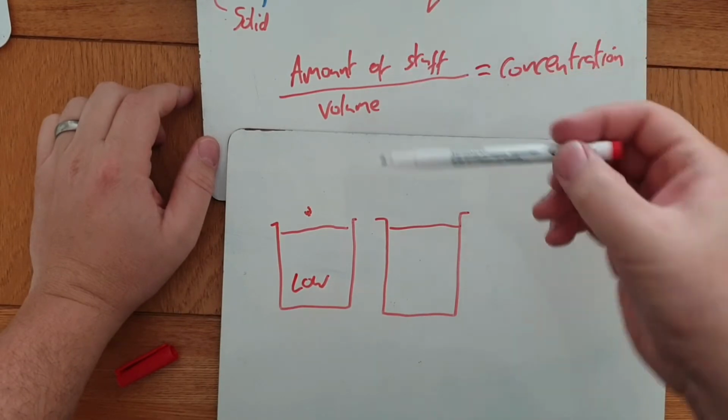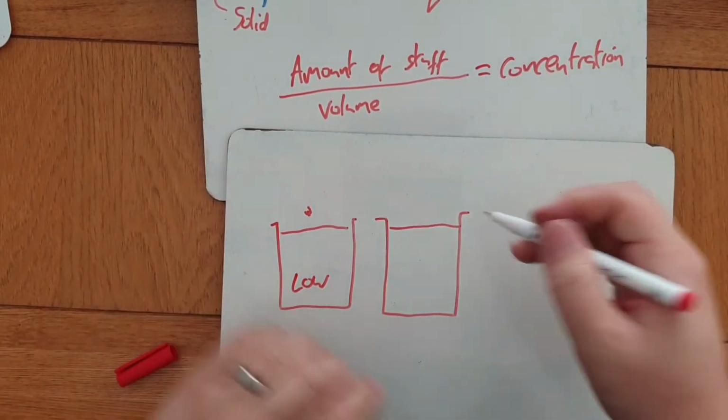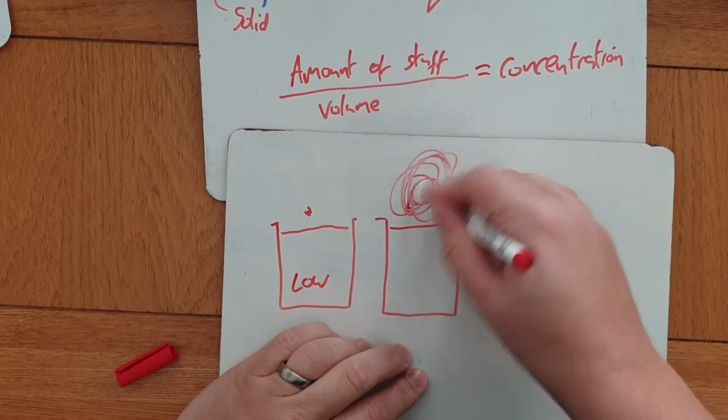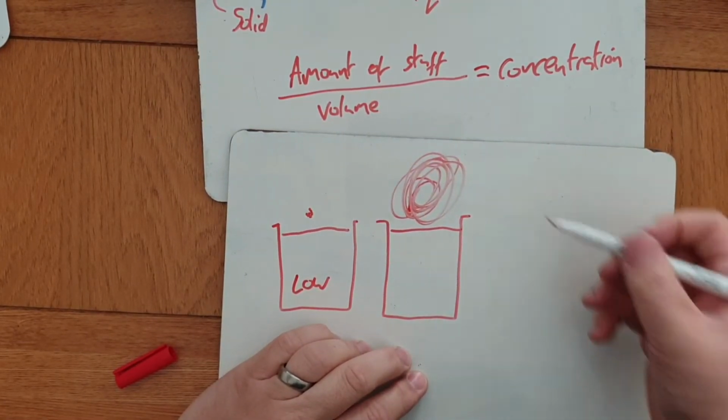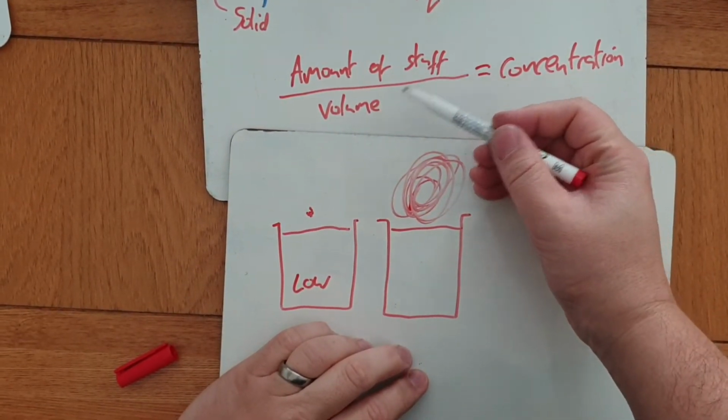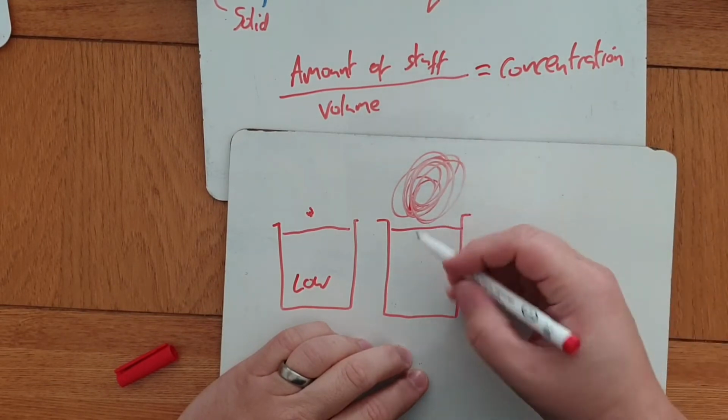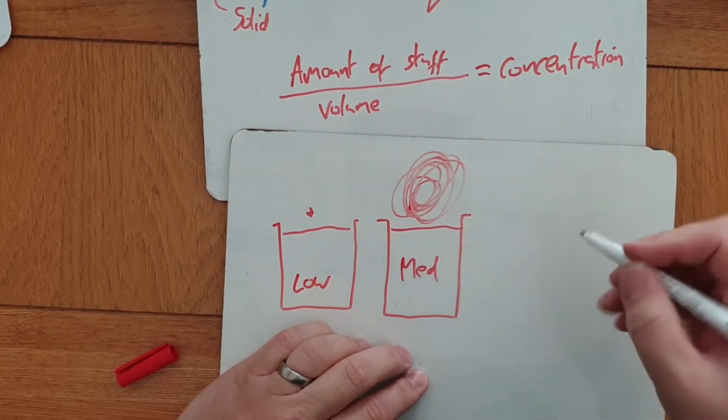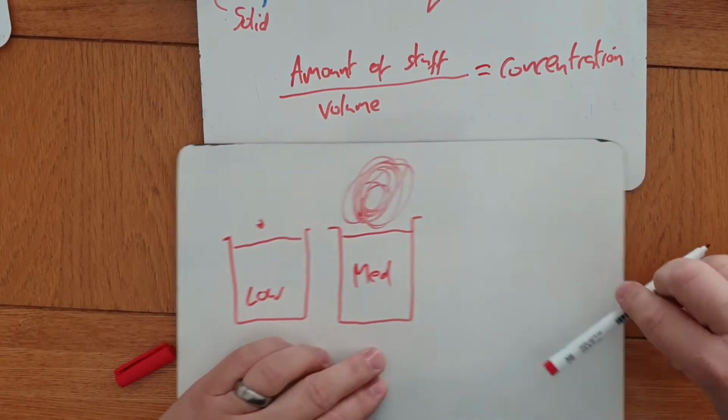So a little number divided by a big number means the concentration is really low. If we put absolutely tons of stuff into that one, you're going to end up with a big number, loads of stuff, big number divided by a big number. That will be sort of a medium concentration.